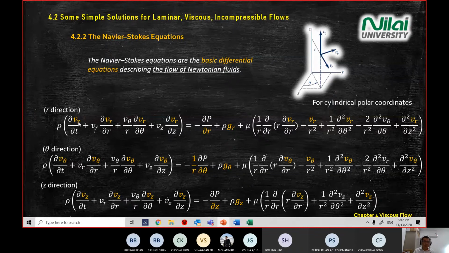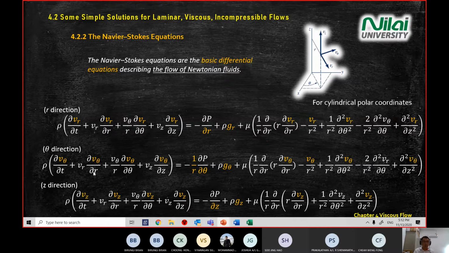R direction means you'll see v_r on the left-hand side. Right-hand side also you'll see the r component. All right. The only difference is the z structure. You will see a bit of difference in the structure. Right. So this is just an observation, and all this you can copy from the handout or from the textbook. All right.